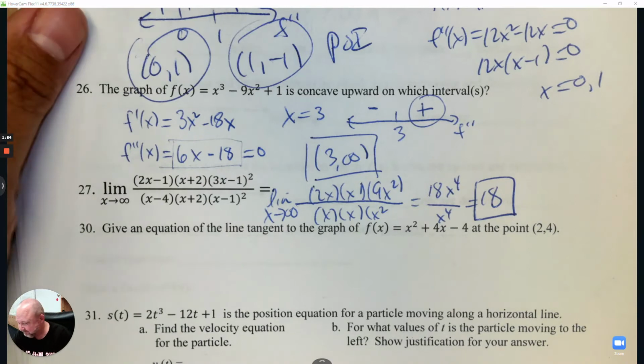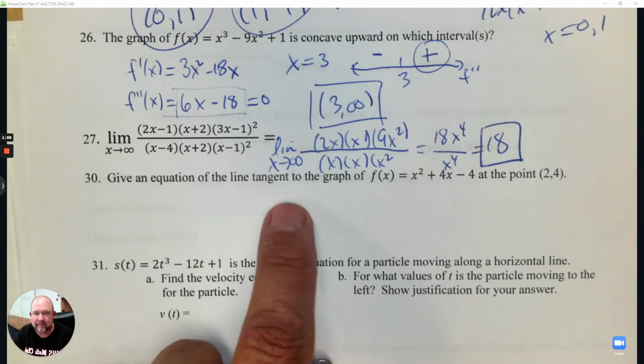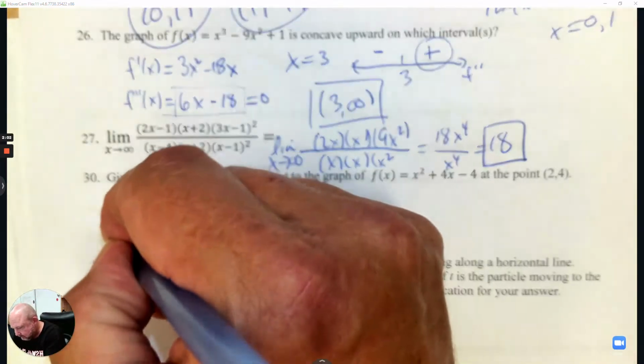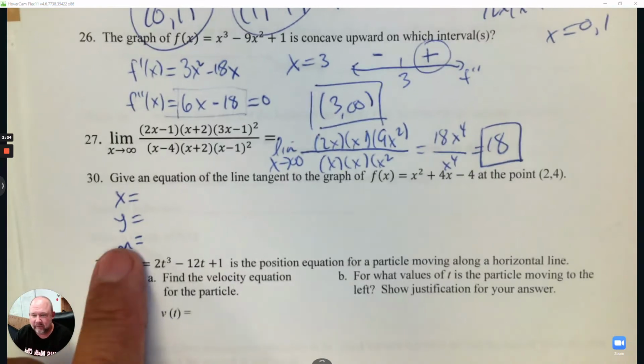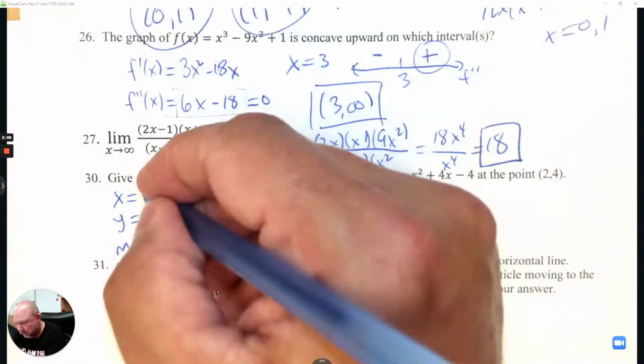Number 30. Give an equation of a line tangent. So I know that's x, that's y, and that's the slope. So x and y are 2 and 4.